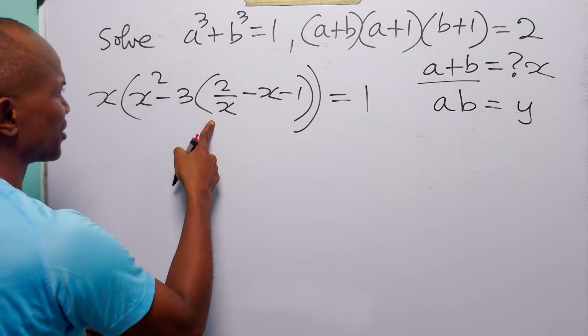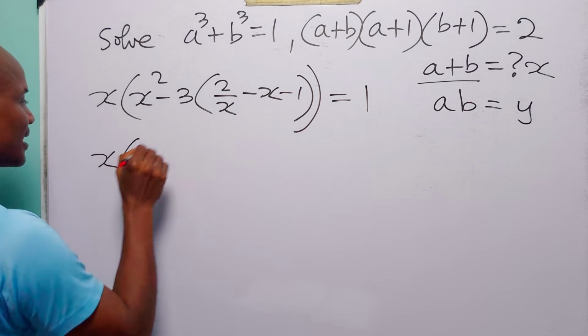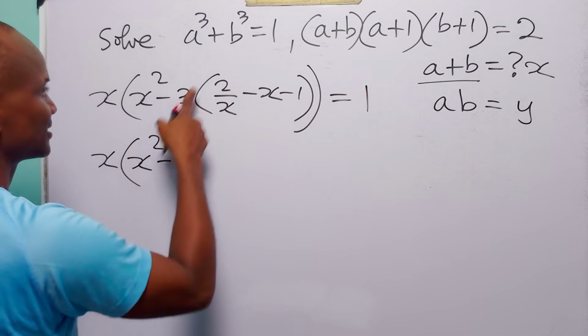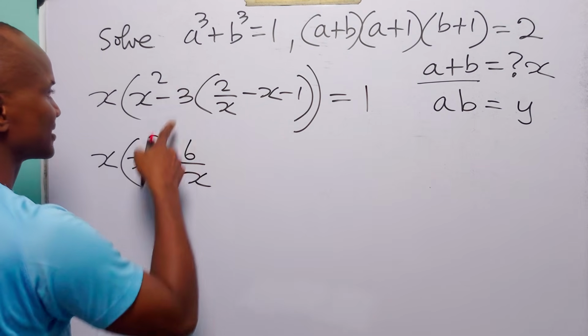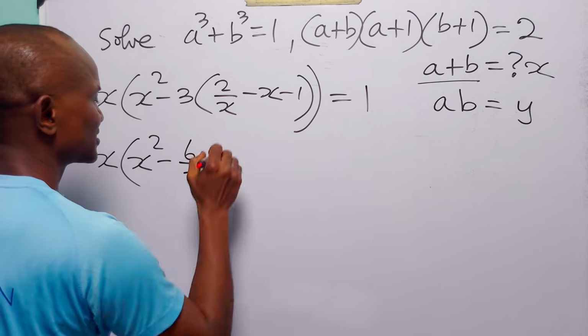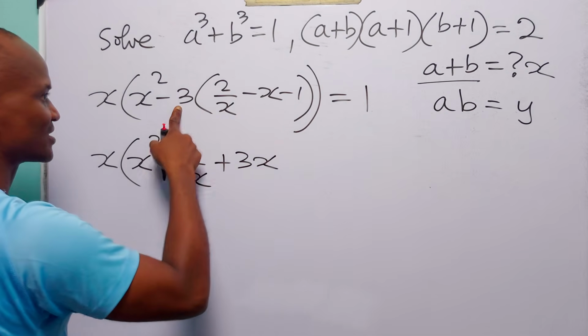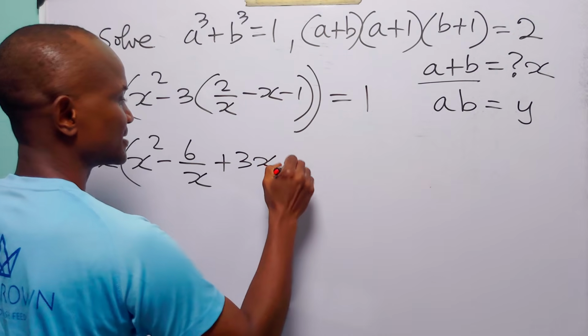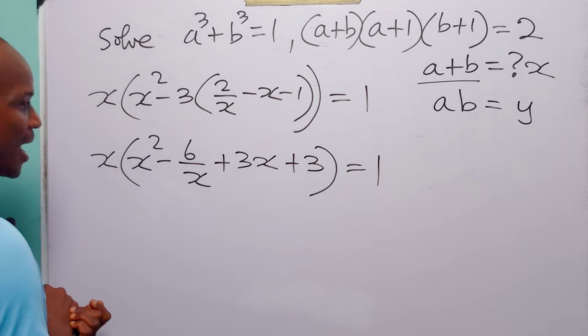Now let us open this bracket. We have x times x squared minus 3 times 2 is equal to 6 over x. Minus 3 times minus x is plus 3x. Minus 3 times minus 1 is plus 3. This is equal to 1.